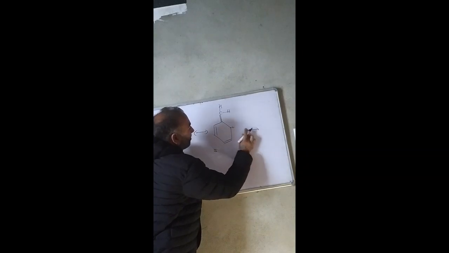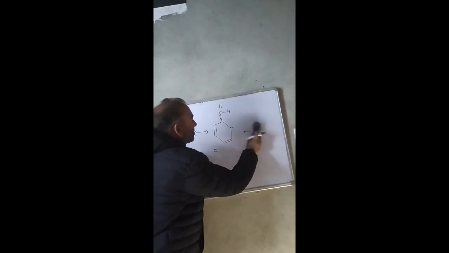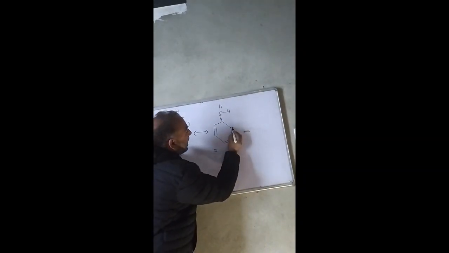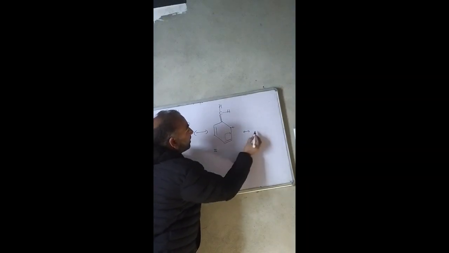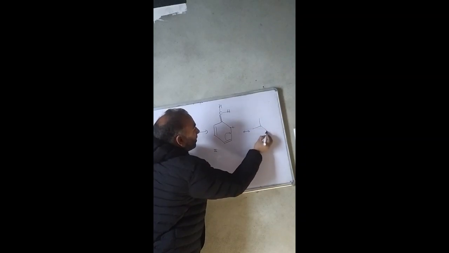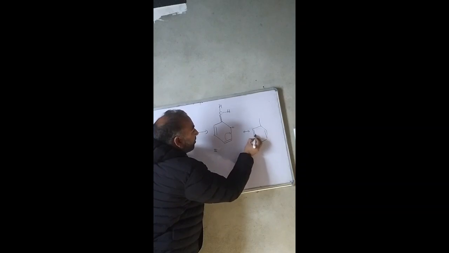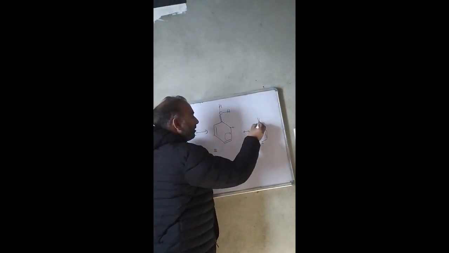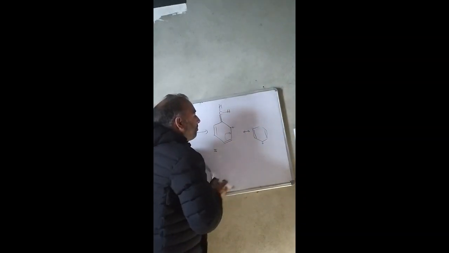Then structure number three we will get. This positive charge at carbon will interact with this pi bond, it will move like this. Then in the third, here we'll get pi bond and pi bond, and positive charge will come at para position.